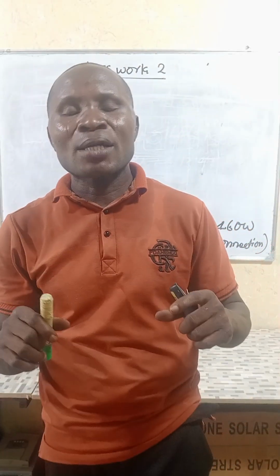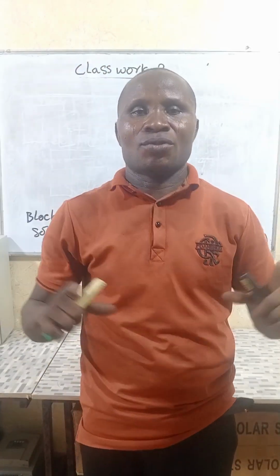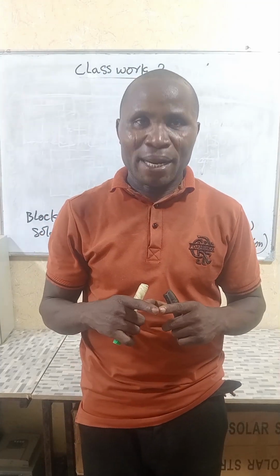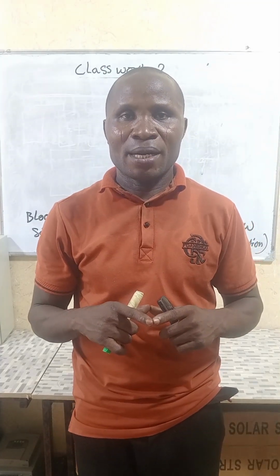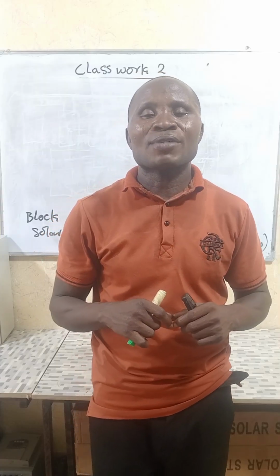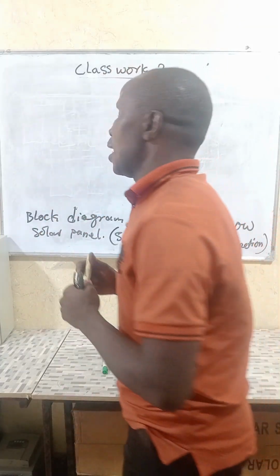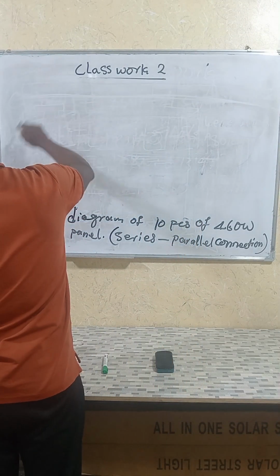Now we want to calculate the total amps that will be the output amps of the solar panels we connected in parallel. That is the individual amps. We are using 13 amps as the mean.